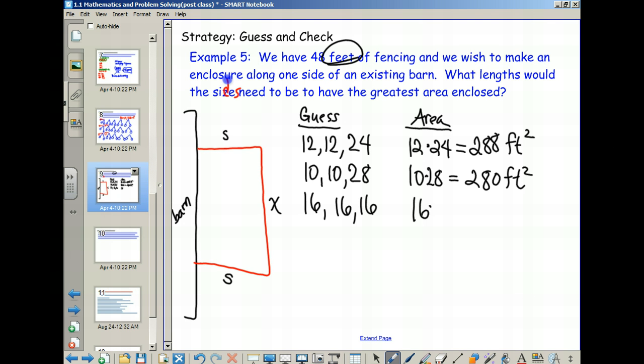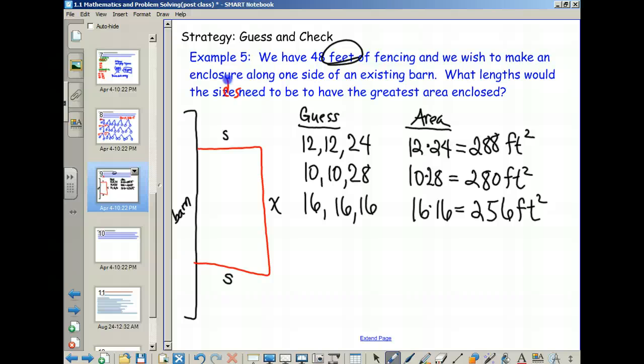So let's try 16 times 16 for my area. 256. So at this point I'm fairly confident that the answer is somewhere in between 10 and 16, right? Because if I went higher than 12, or much lower than 12 on either side, I've gotten lower numbers.